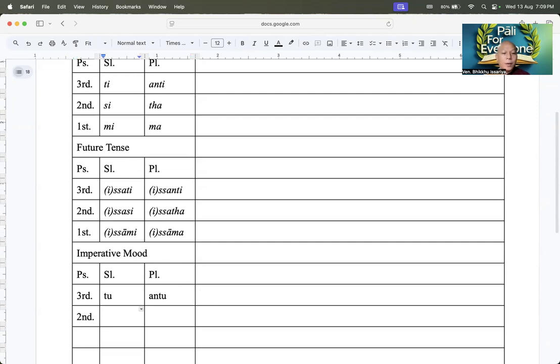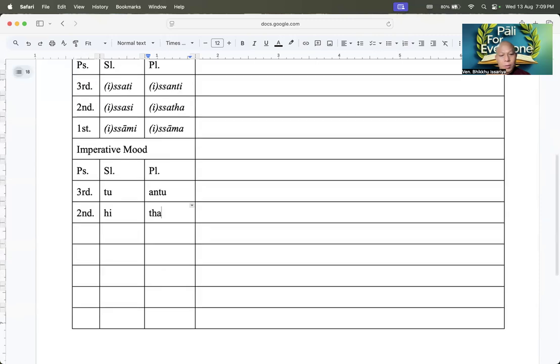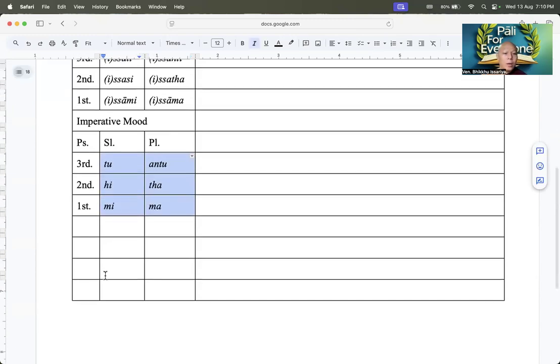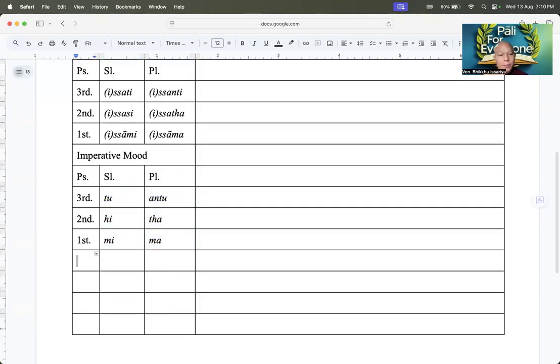And then first person singular: mi and ma, in this way. And also now, past tense.